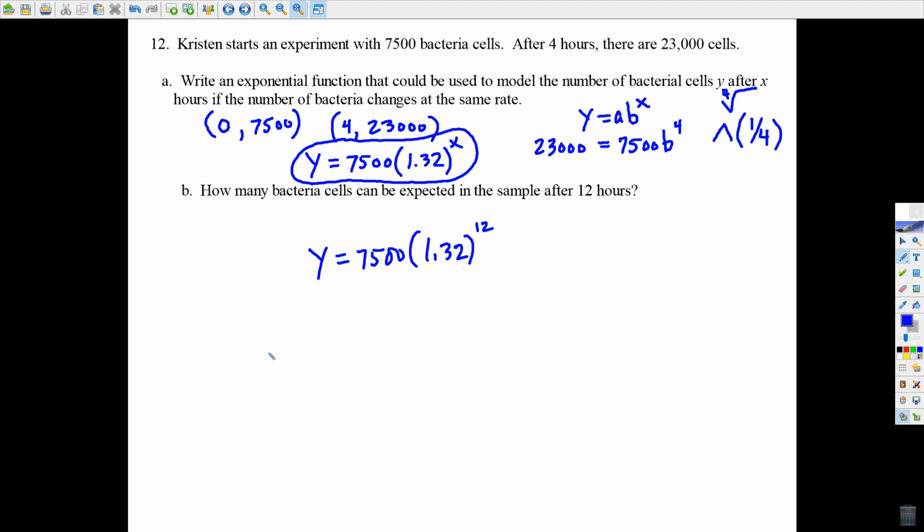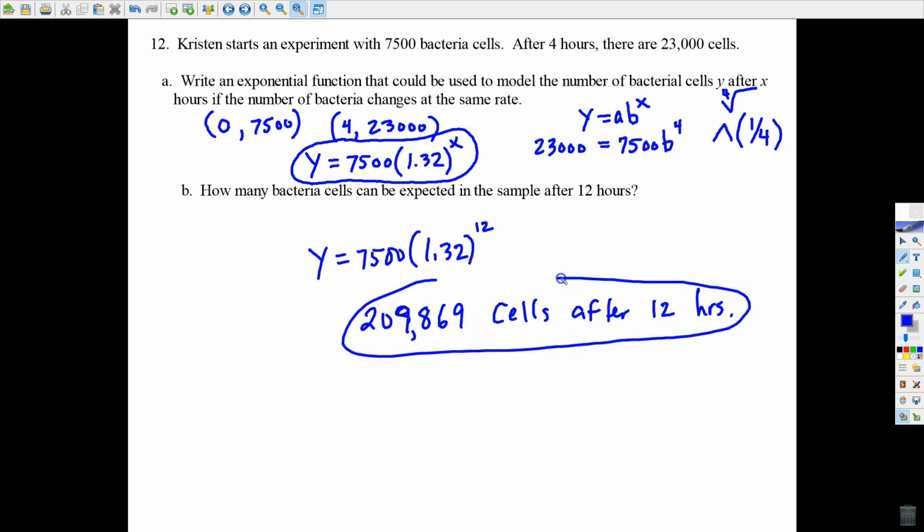Okay, calculator again, clear it, 7,500 times 1.32 raised to the 12th. And that number, rounded to the nearest whole number, is 209,869. So there are 209,869 cells after 12 hours. And that is my answer for 12b.